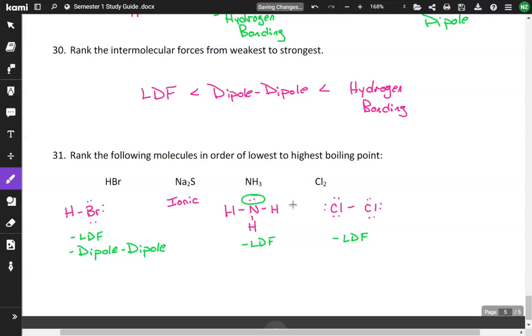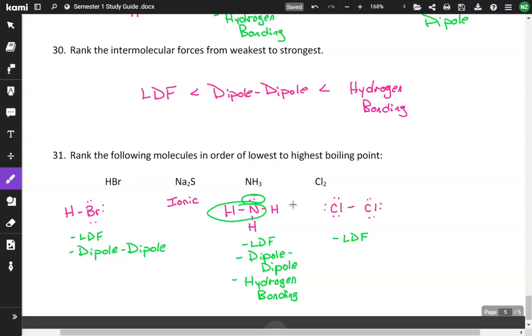This one will be dipole-dipole because it is polar. This one here is nonpolar, so I stopped there. NH3 will also get hydrogen bonding because it has HN.